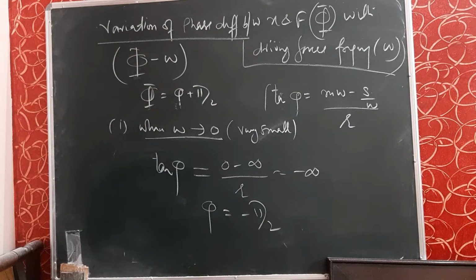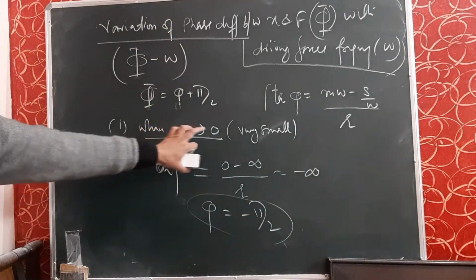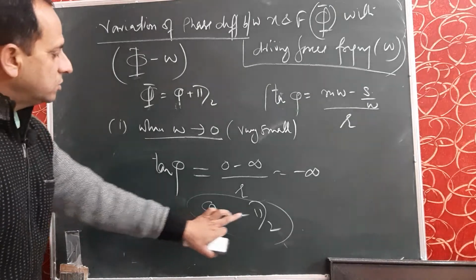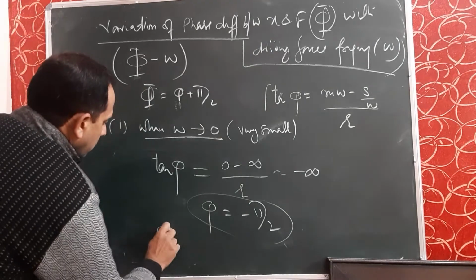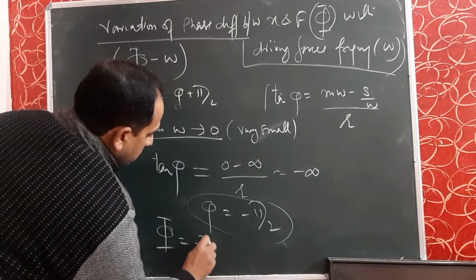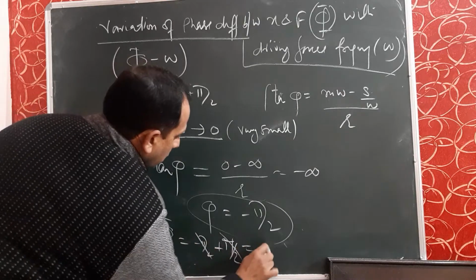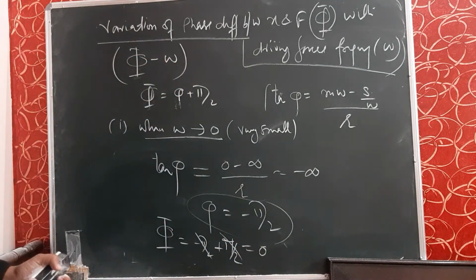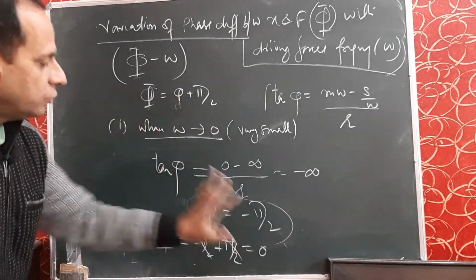You know that tan pi by 2 is infinity, or tan minus pi by 2 is minus infinity. So, therefore, small phi is minus pi by 2 if omega tends to 0. Put the small phi value in this equation and we can find the value of capital Phi. Phase difference is small phi plus pi by 2, that is minus pi by 2 plus pi by 2 will cancel, answer 0. So, if omega tends to 0, then capital Phi also tends to 0.